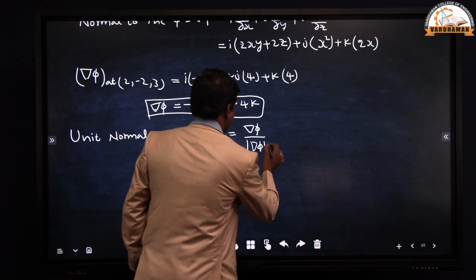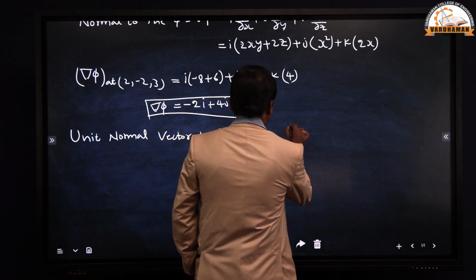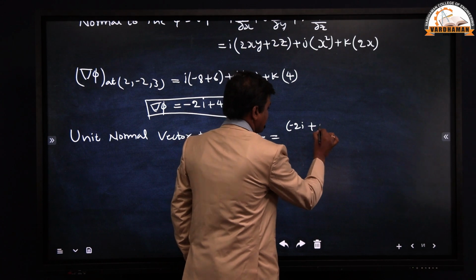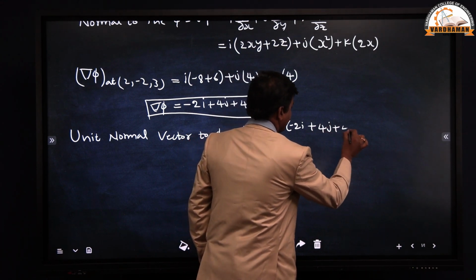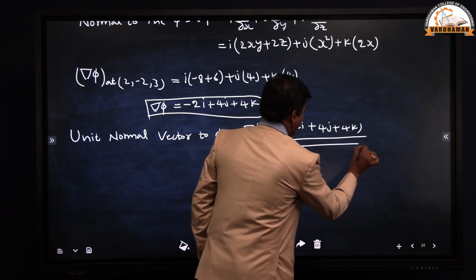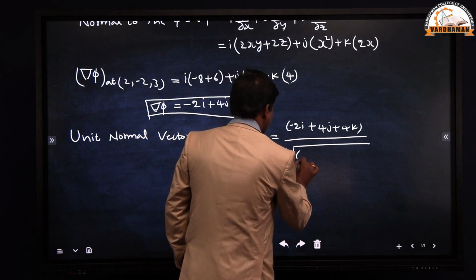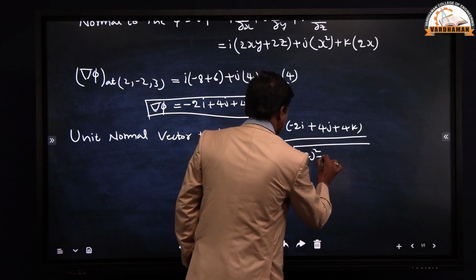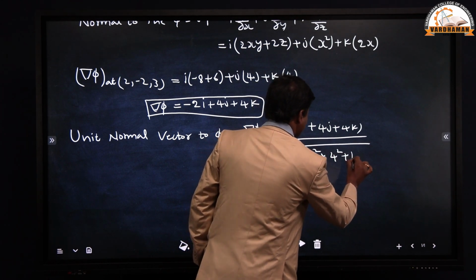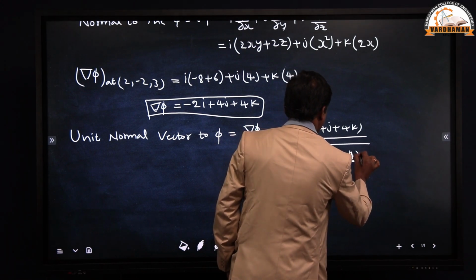So this equal to del pi, minus 2i plus 4j plus 4k by mod del pi equal to i coefficient whole square plus j coefficient whole square plus k coefficient whole square.